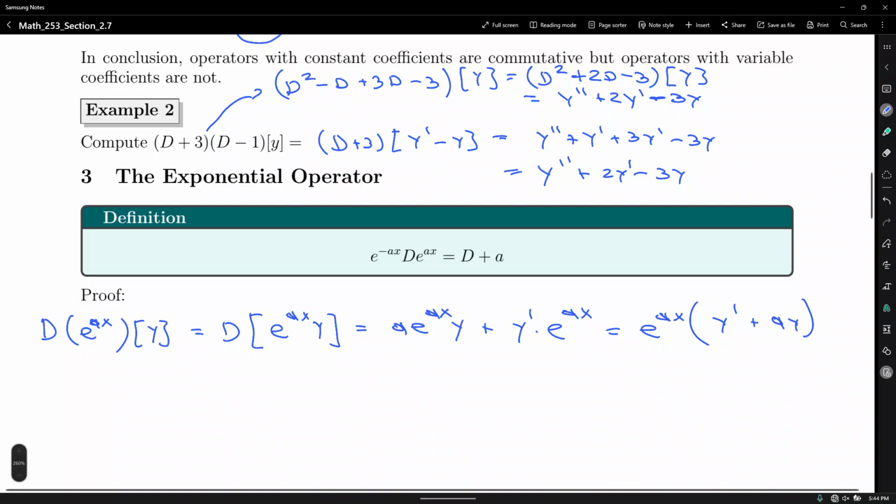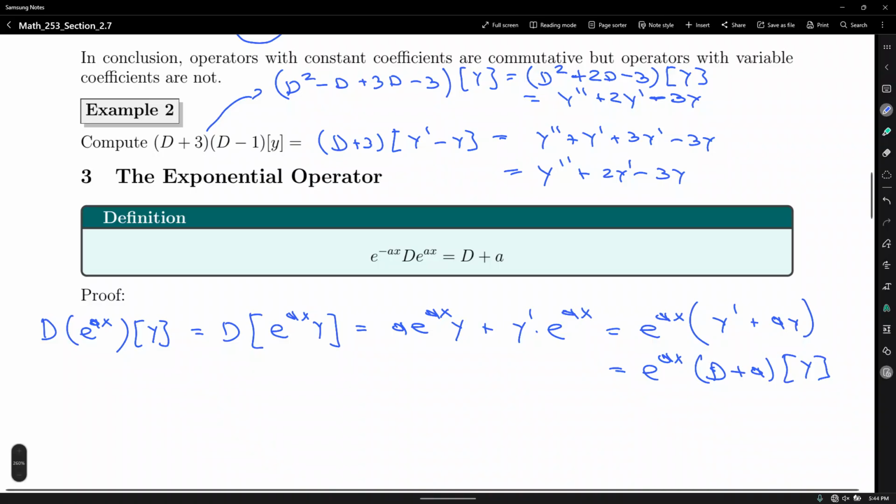And even better, check this out, guys. We can write this in terms of operators: e to the ax, and I'm going to write this d plus a acting on y, all right? Well, where are we heading with all of this? I'm going to set this equal to that.